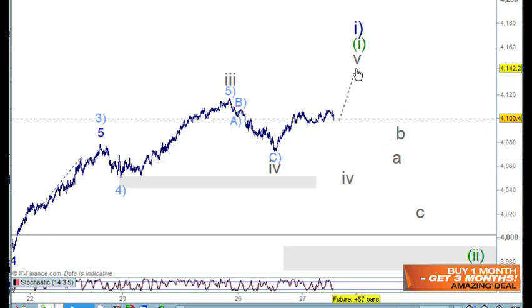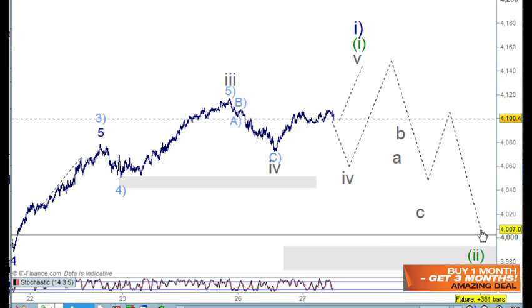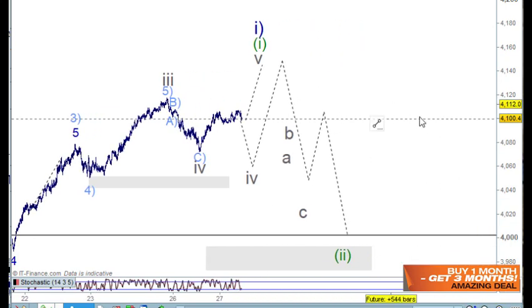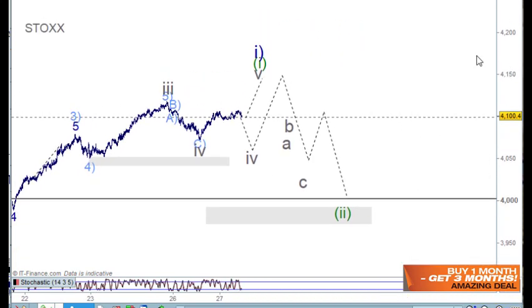If this goes up to there, then it does that. If it drops down here first as wave 4 and then goes up there, it still doesn't matter, because it's this over here that we want. We want this bigger swing in the market here. And we'll know when we get it, because we'll see it. That's what we're waiting for to trade long.